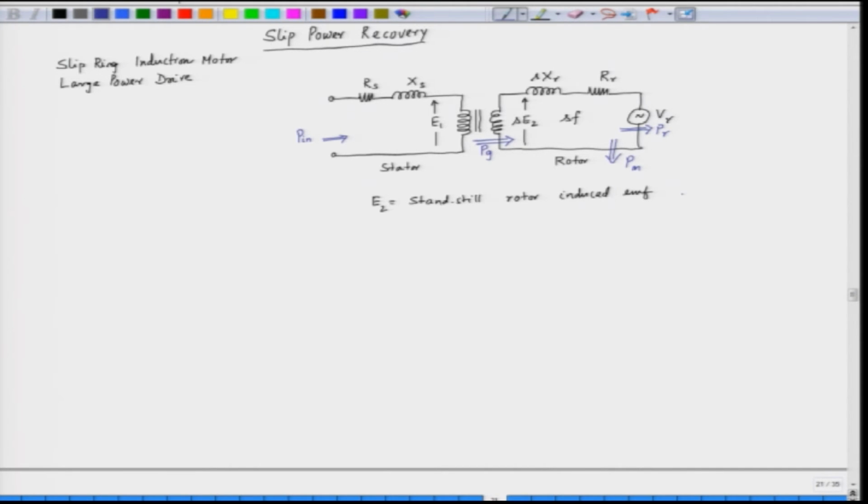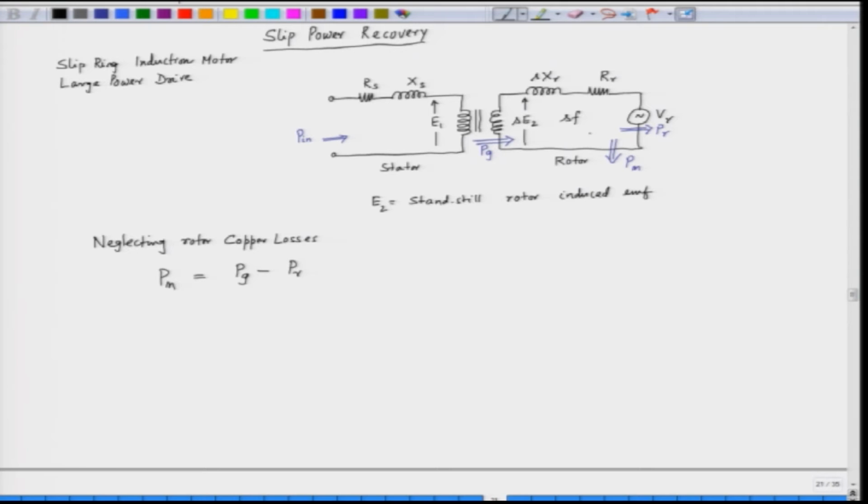Now, let us neglect the rotor copper loss and simplify this analysis. Neglecting rotor copper loss, we can say that Pm, the output mechanical power, is equal to the air gap power minus the rotor power which is recovered.